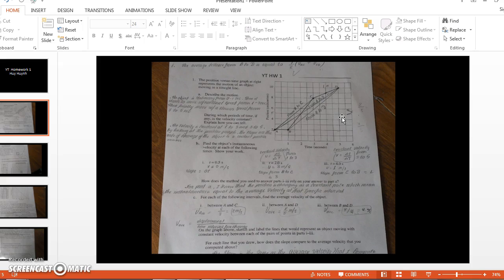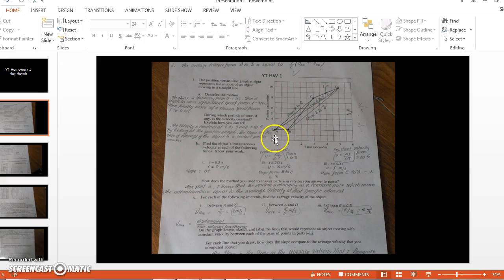So how does the method you used from part 1 to 3 rely on your answer to part A? Basically, I know that for part A, the position is changing at a constant rate, which means that the instantaneous velocity is going to be equal to the average velocity at that specific interval.